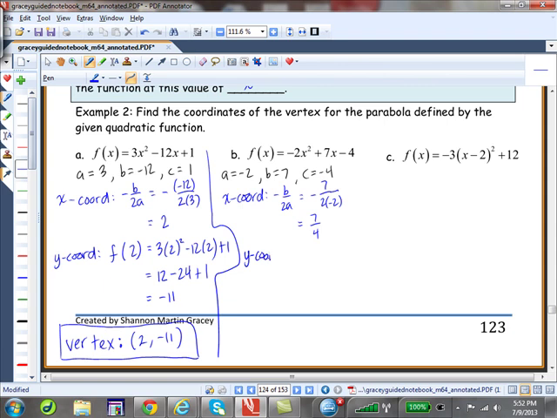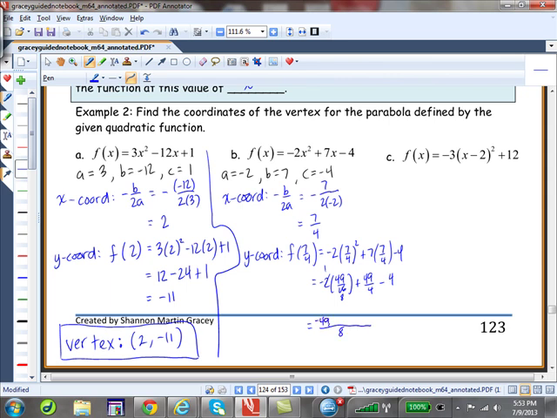The y-coordinate of the vertex will be the function evaluated at 7/4, which is negative 2 times 7/4 squared plus 7 times 7/4 minus 4. That's going to be -2 times 49/16 plus 49/4 minus 4. We can simplify a little bit. The LCD is 8, so all of this will be over 8.